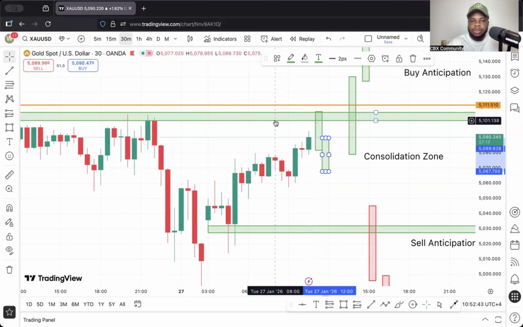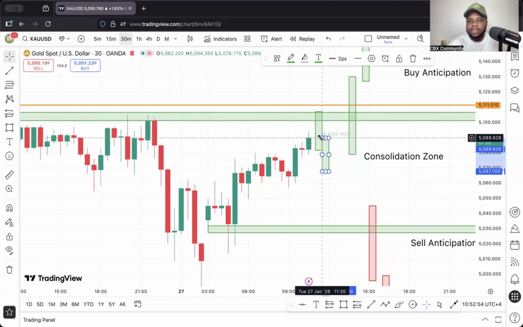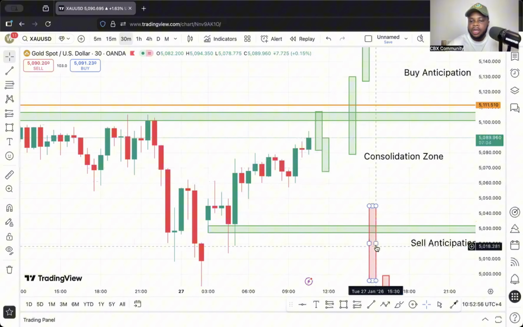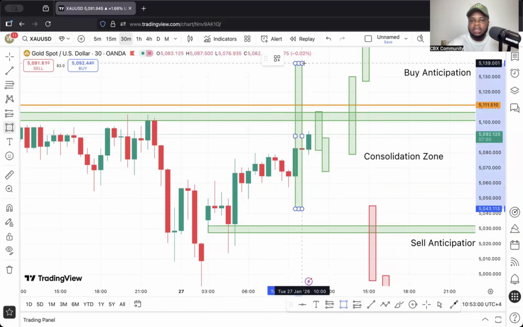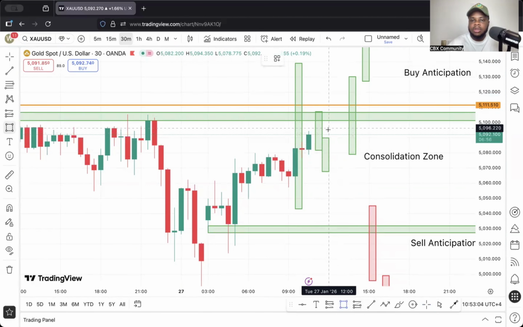And then we need to move this resistance zone to this resistance zone, because it's very important for us to have a good range, because you're anticipating the market to give you a candle like this, and you're anticipating the market to give you a candle like this.